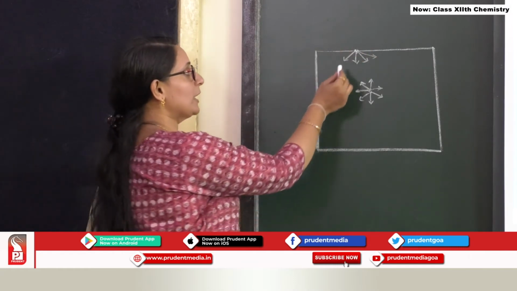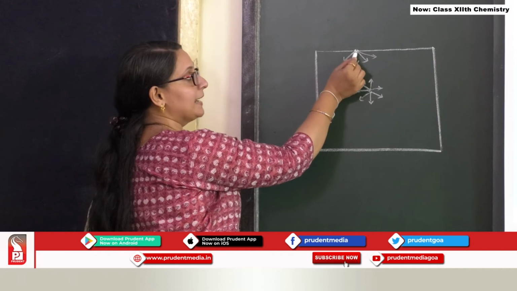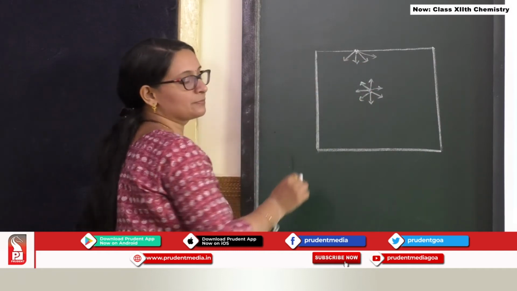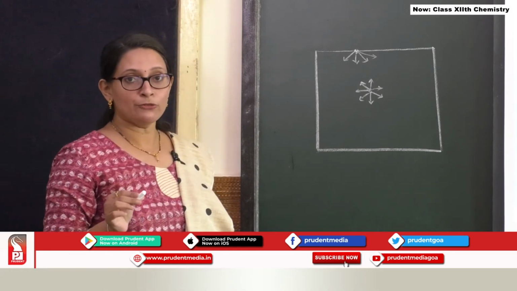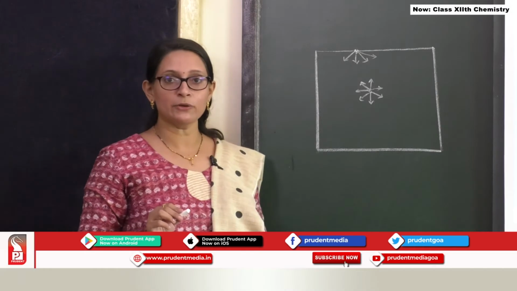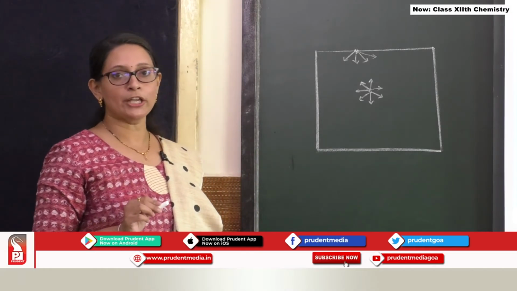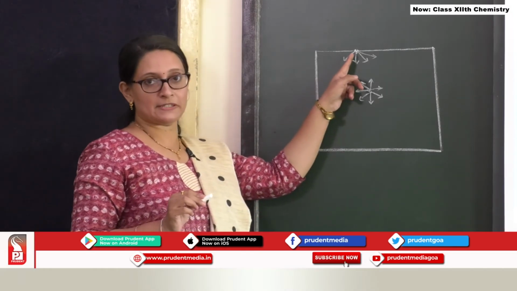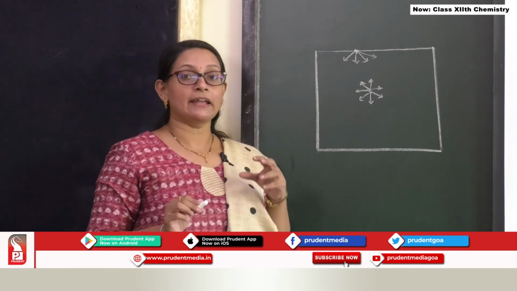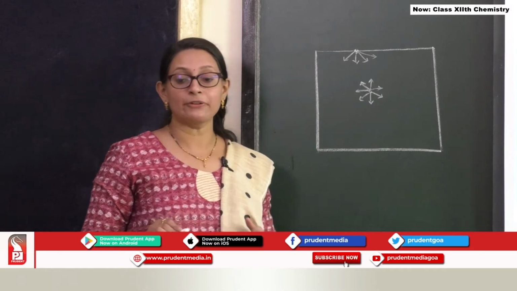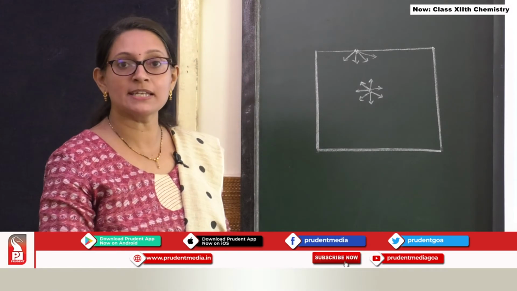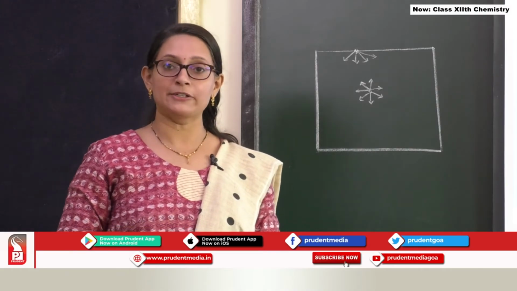So, this molecule here is unbalanced and it is experiencing residual forces from down. These residual forces it will try to reduce. And how will it try to reduce? By attracting the molecules on its surface. And therefore, molecules get attracted and accumulated on the surface in case of adsorption. So, this is the mechanism of adsorption.